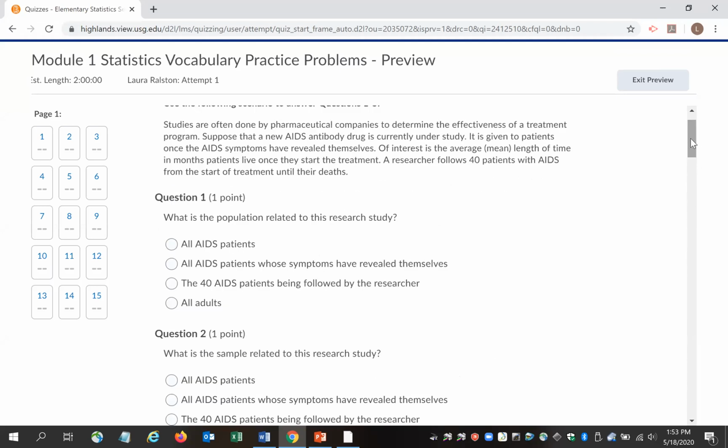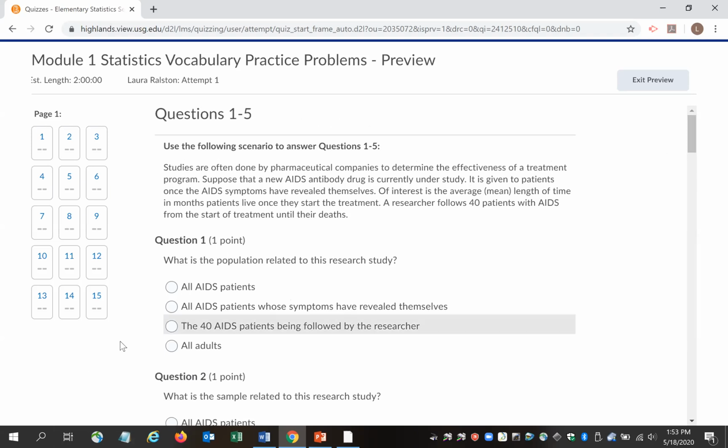So they're not really in what I called the recommended order a while ago. So what you may find helpful is to look at the scenario and answer the questions yourself before you start marking answers here.